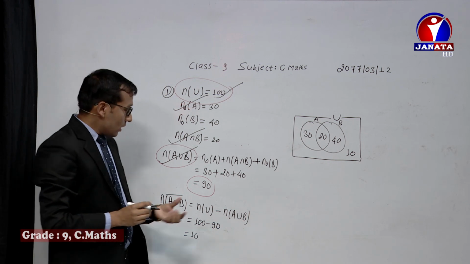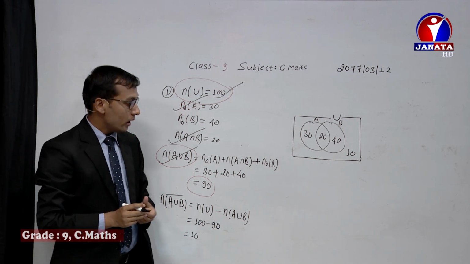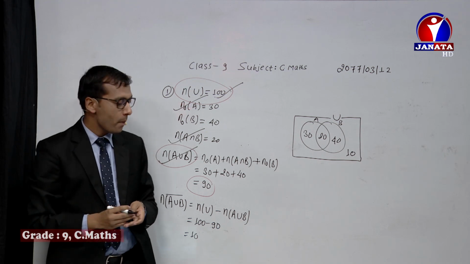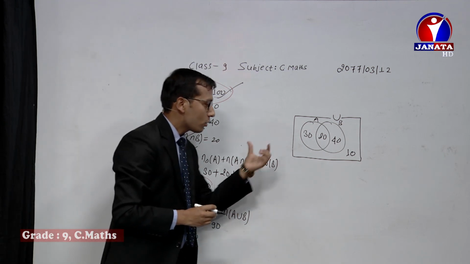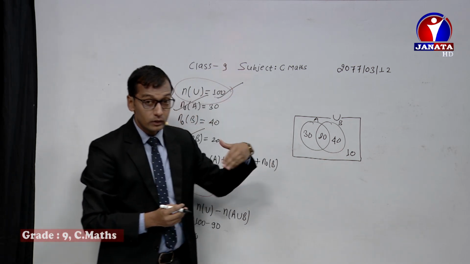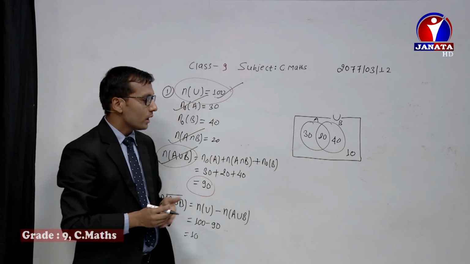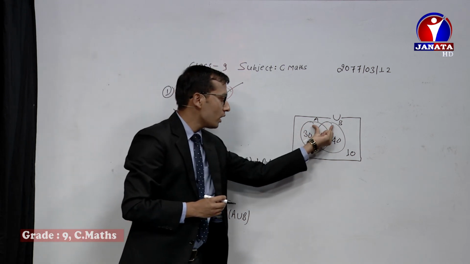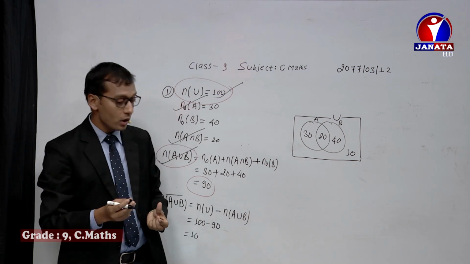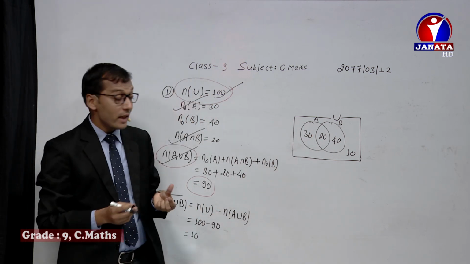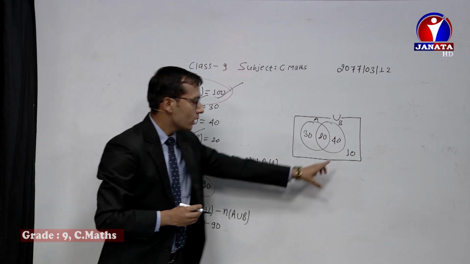In the Venn diagram, if we are asked to represent the information, first of all let's identify whether complement is given or not. If complement is not given, we can simply find first the union of A and B, the union of two subsets, and then looking at the information provided, we can find out the complement.